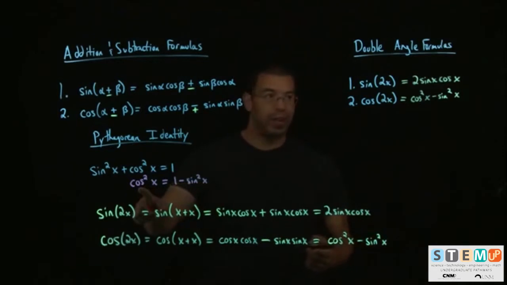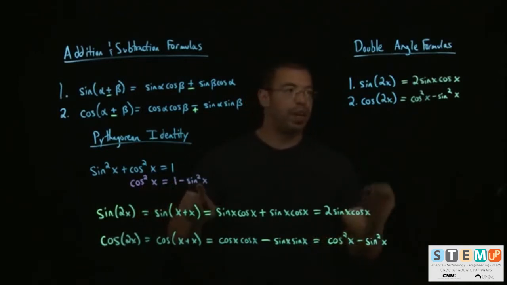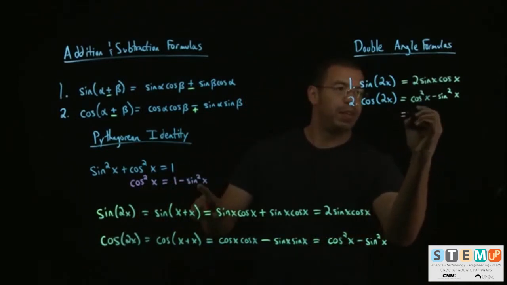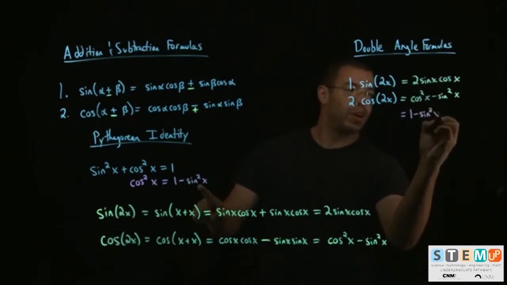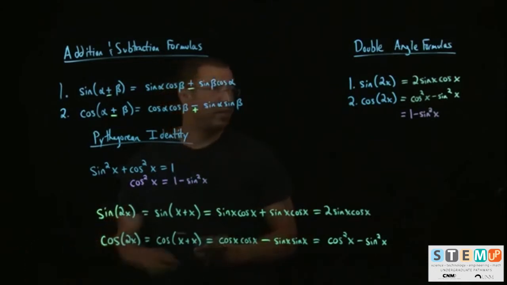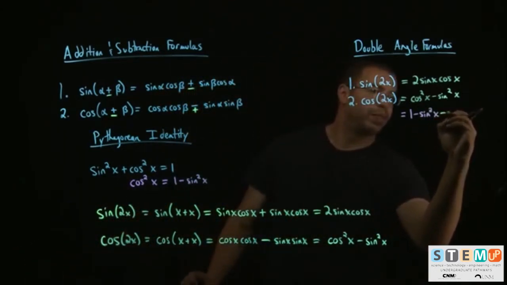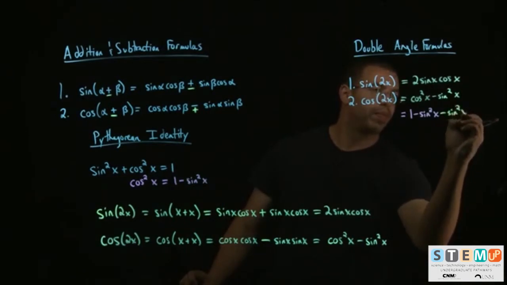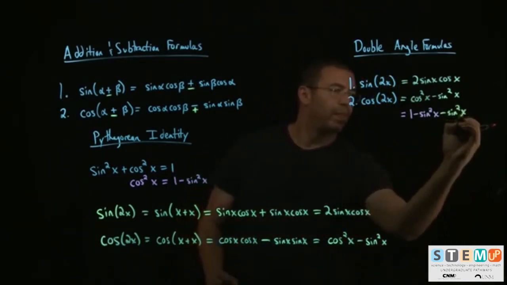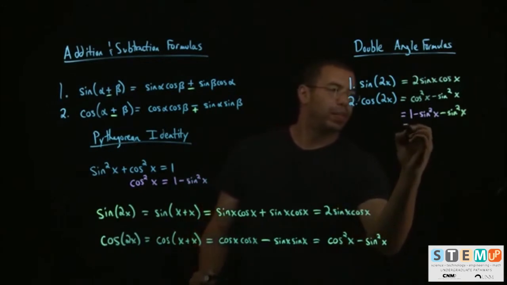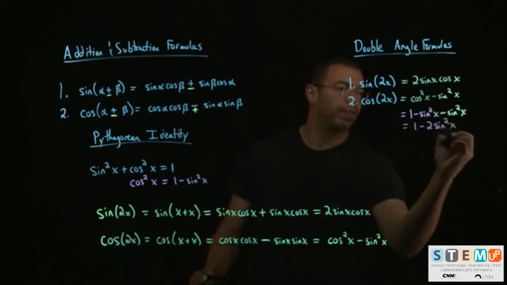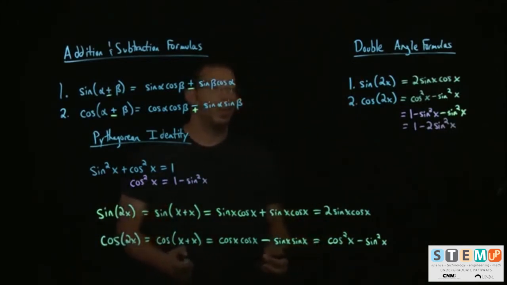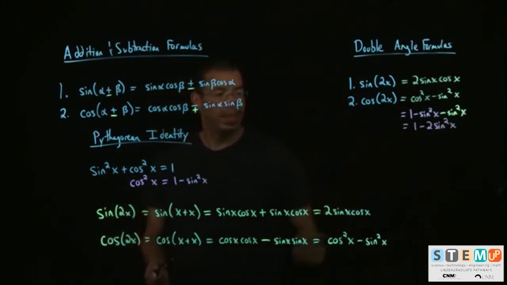Cosine squared of x is equal to 1 minus sine squared. So this is the same as 1 minus sine squared, and I'm already subtracting off a sine squared. And so I get 1 minus 2 sine squared. So that's another way we can write it.